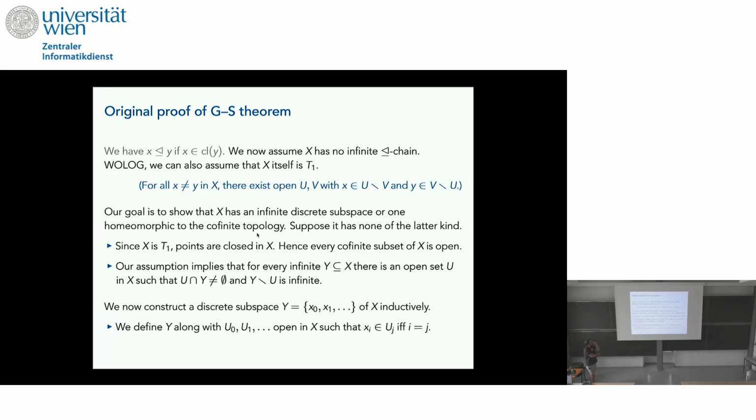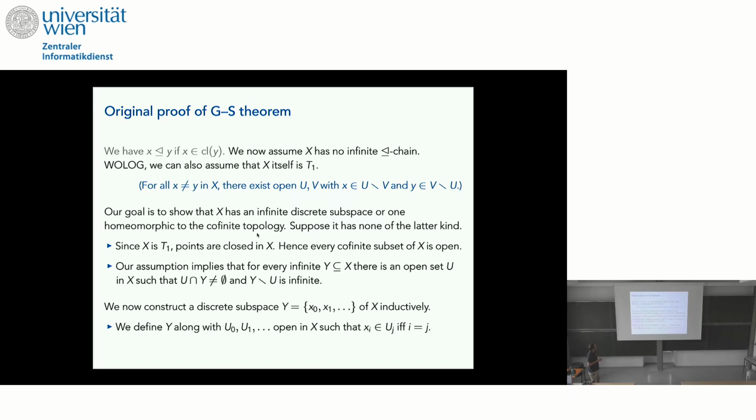Okay, so a couple of remarks. First, let's just assume that it has no infinite subspace with the cofinite topology. And let's build now a subspace with the discrete topology on it. So we'll use that assumption that it has no infinite subspace homeomorphic to omega with the cofinite topology.